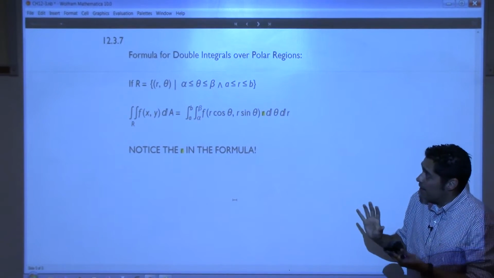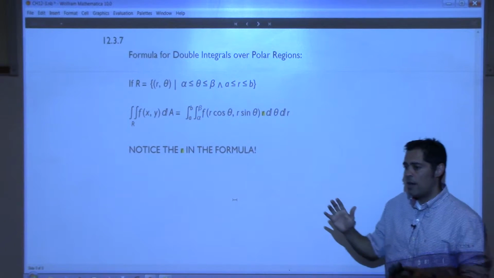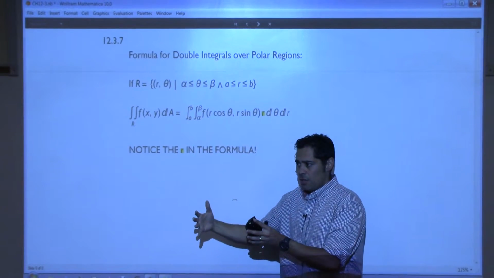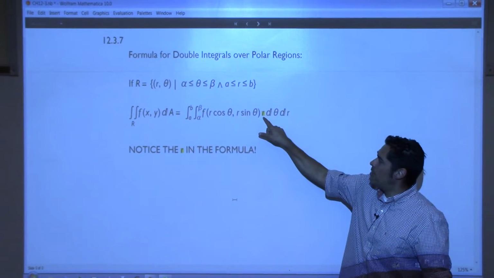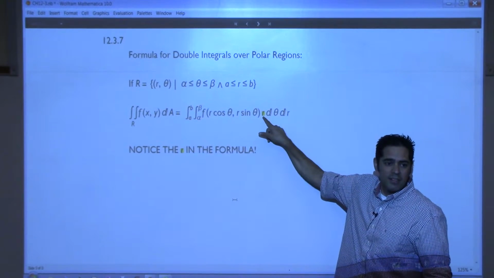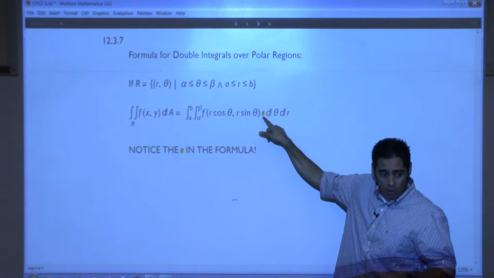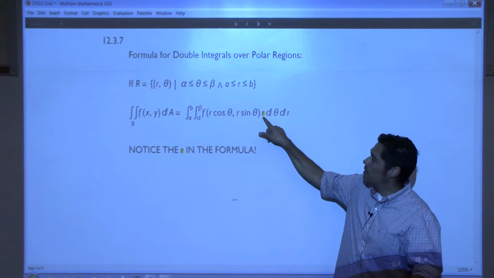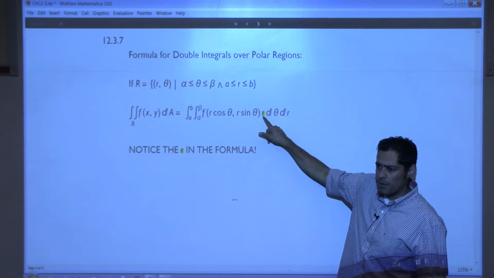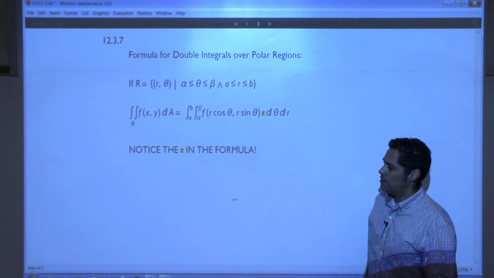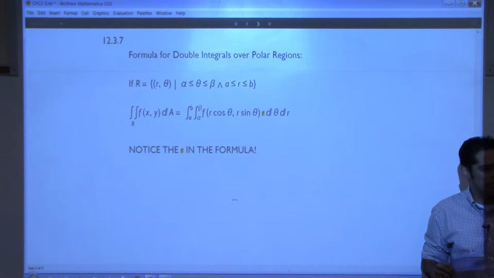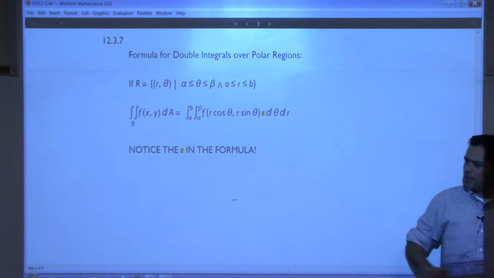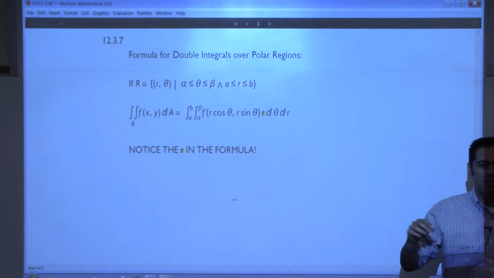The major important thing is that if you ever have a problem that's Cartesian and you convert it over to polar, you will always have an r appear in your integrand. The r will always pop up. Later on, we're going to see that comes from a formula, but for now, just remember that for polar, the r is there. That's the biggest mistake I see students make. They go from Cartesian to polar, they do everything correctly, they set up the integral, they forget the r.